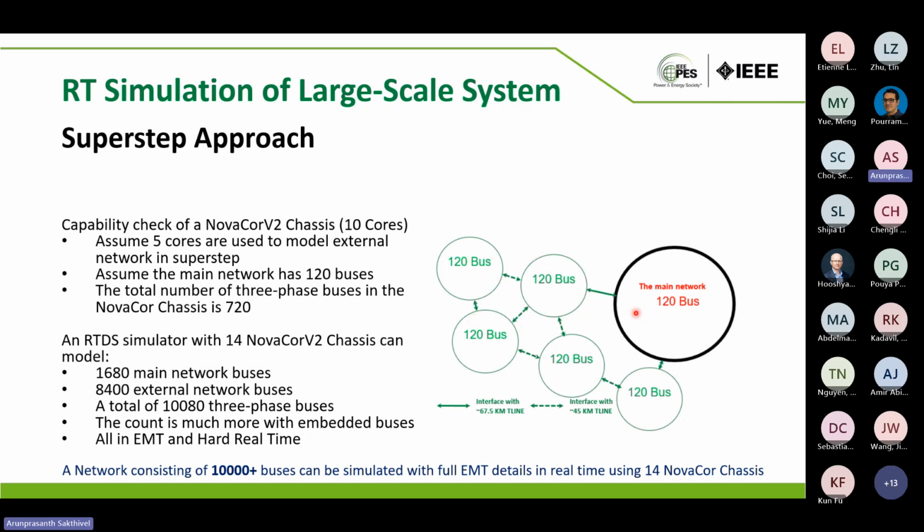The actual count is going to be much more because there are embedded buses as well. But with 14 NovaCore chassis, we can simulate over 10,000 buses, all in EMT that runs in hard real time. This is just to give you an estimation of the capability, and when you scale up the simulator with more NovaCore chassis, this number easily goes up.